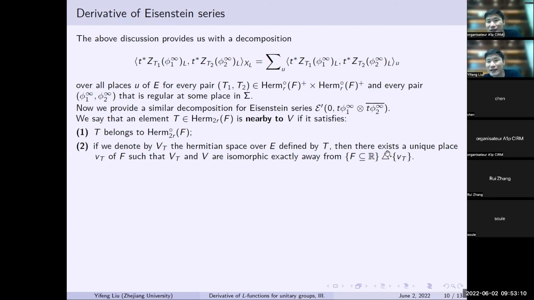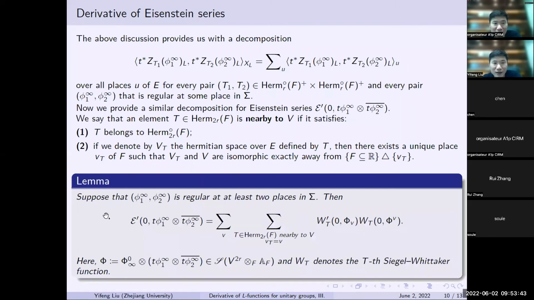In some sense, there exists a unique place, I call it little vt of F, such that these two Hermitian spaces are the same exactly away from this symmetric difference. In other words, if vt is the default embedding, then Vt and V are the same. Otherwise, Vt and V differ exactly at the default Archimedean place and this place vt. Okay, this is called nearby because they are neighbors.